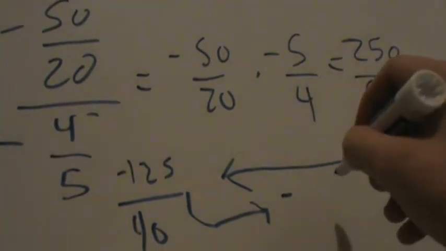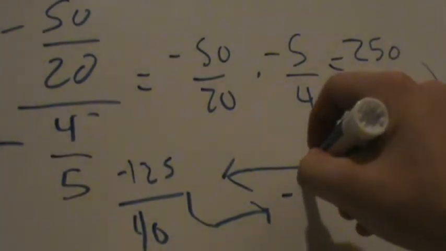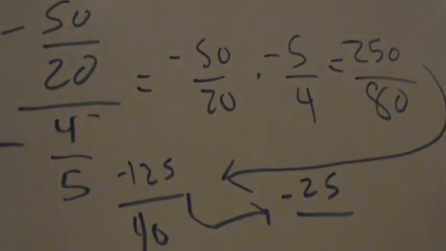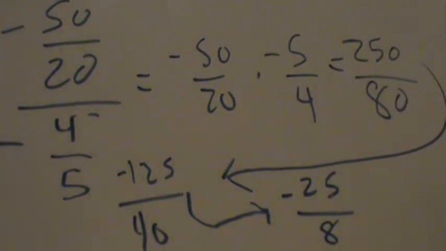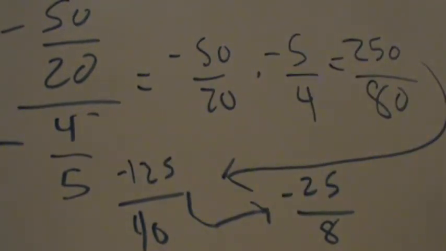So 125 divided by 5 is 25, and then 40 divided by 5 is 8. So look at that. Oh no, I was actually wrong. Actually, the greatest common factor is 10. I should have seen that, but we started with 2, and we still got to the same spot by continuing to reduce it. So that will finish the division.